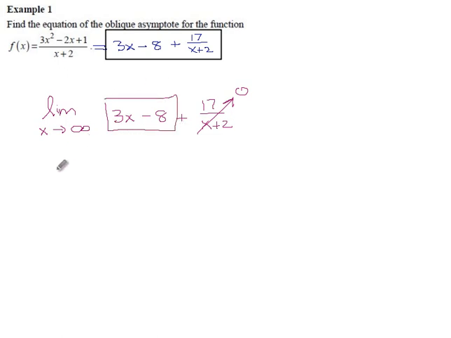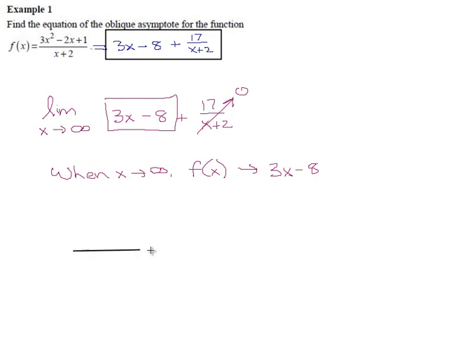And so we can say when x goes to infinity, when x becomes very large, our function f of x starts to behave more and more like 3x minus 8. The difference between this function and 3x minus 8 is this piece, and this becomes smaller and smaller and smaller until you can't even see it anymore.